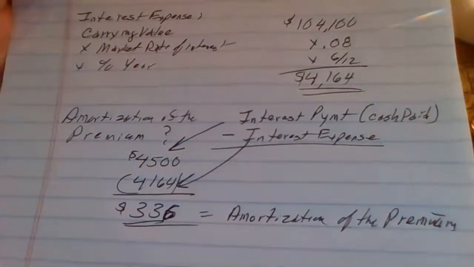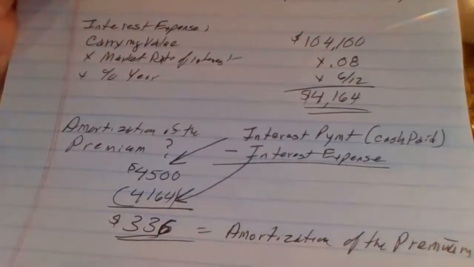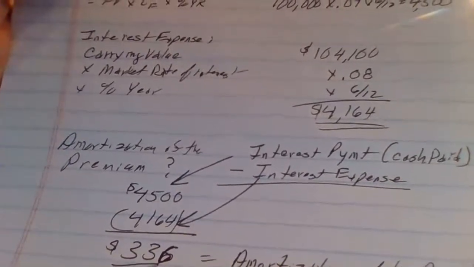All right. And you just do that computation each time you pay interest based on the previous row's carrying value.